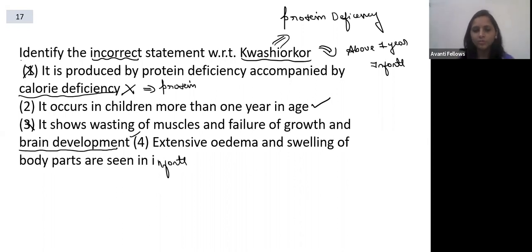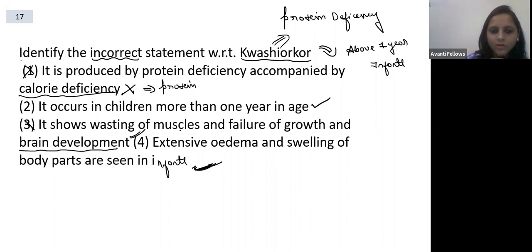That is due to the more calorific food. So option 4 is also correct. But in marasmus we can't see edema and swelling, the body will be very thin.